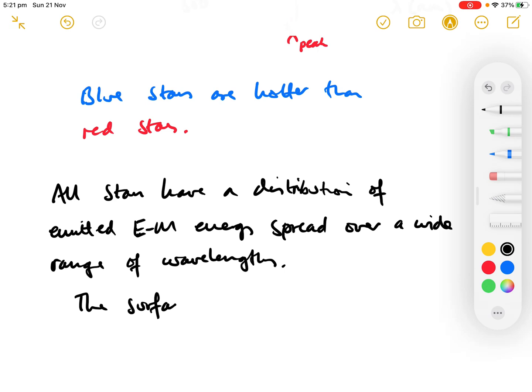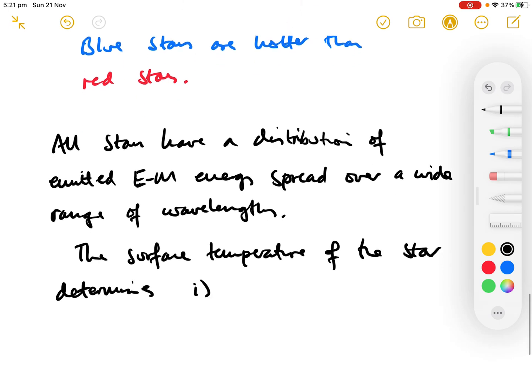The surface temperature of the star determines two things.